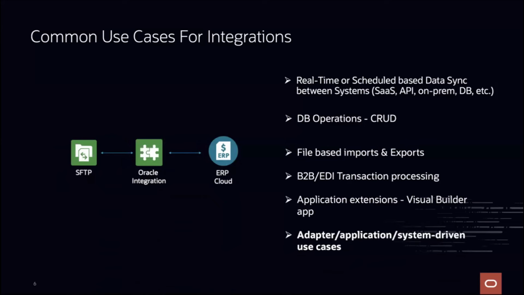And then we see a lot of other file-based integrations as well. File integrations very common in OIC, B2B type integrations, application extensions, so kind of being the back end to a front end Visual Builder application that you might extend in Oracle Fusion. And a lot of these are adapter use case driven. You bring a requirement to the table, and then we see how we can actually build that out in OIC, in Oracle Integration Cloud.